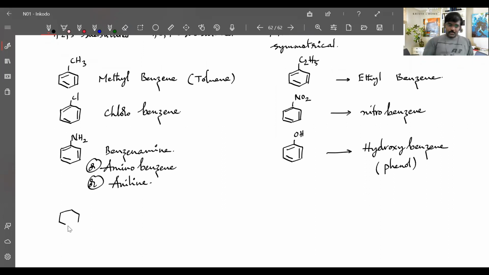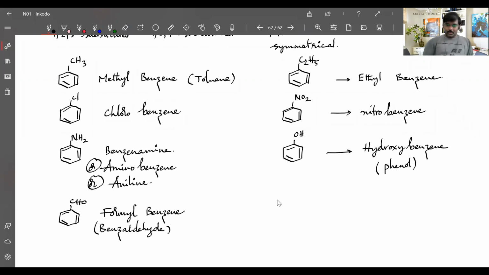These all come under benzene derivatives. On the benzene ring, what we are doing is replacing one of the hydrogens with these groups. This we can write as formyl benzene, or else benzaldehyde.